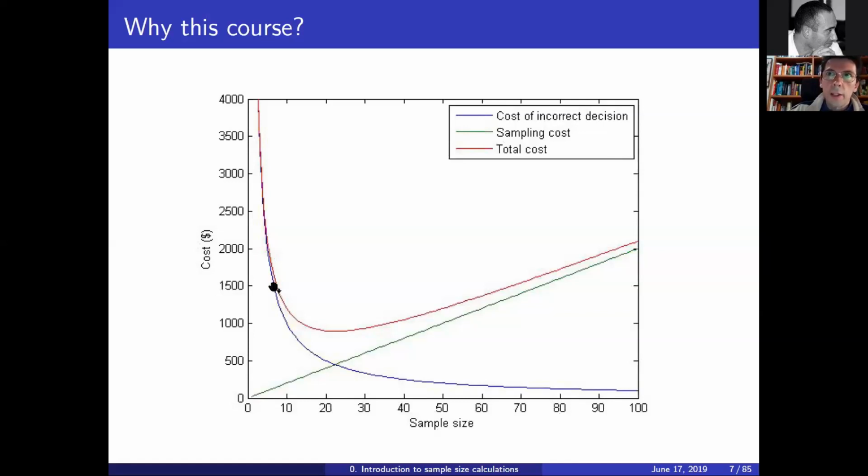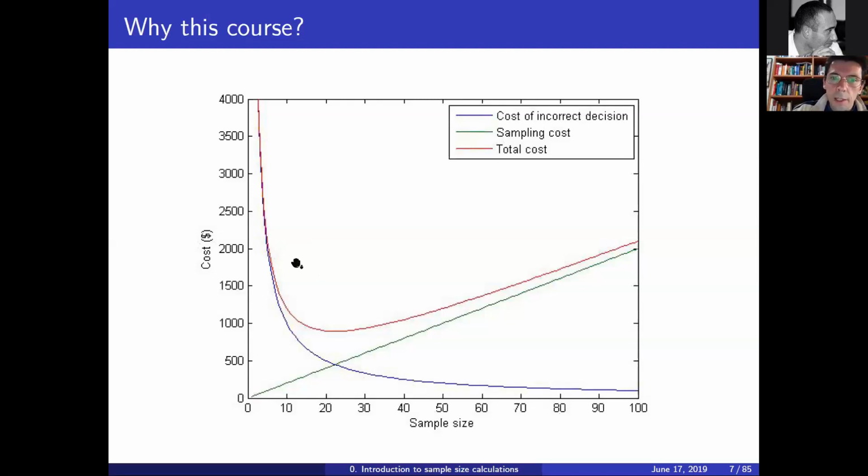And the same happens if you have very few animals and you are unlucky, and your vaccine was useful, but just because of chance, your animals did not respond to your vaccine or to your treatment. So taking the incorrect decision that this is not useful when it was, is also very costly in terms of cost of opportunity.